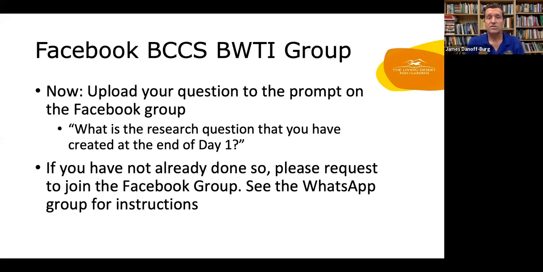And that question is, what is the research question that you have created at the end of day 1 of this workshop or this video today? We will post another question that will be, what is your research question that you have created at the end of our interactive session in day 1, which will be this coming Tuesday.